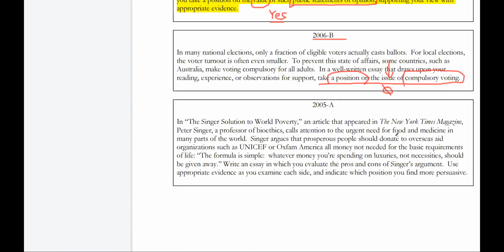In this case, the compulsory voting should be eliminated. So our thesis is what? Should be eliminated. So when we argue we should cancel this policy, then we are arguing the cons of this policy. That makes sense?